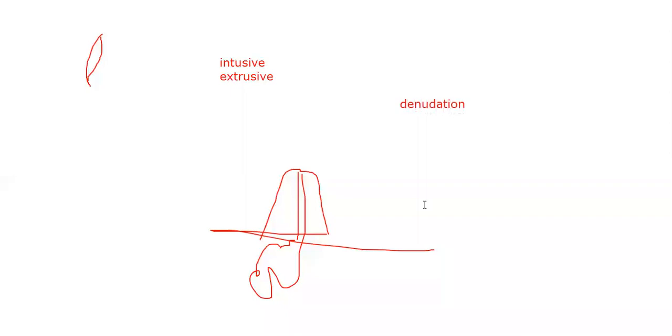You would understand what I mean by denudation if you watch the previous video on weathering, right? A component of denudation is weathering, and a component of denudation is mass wasting, right?